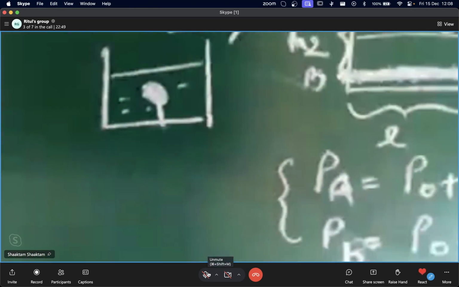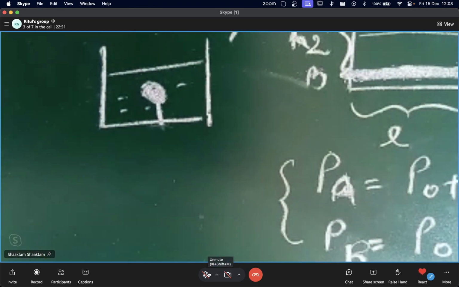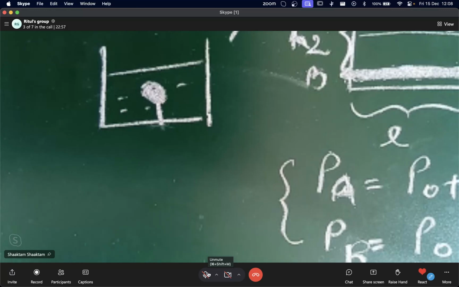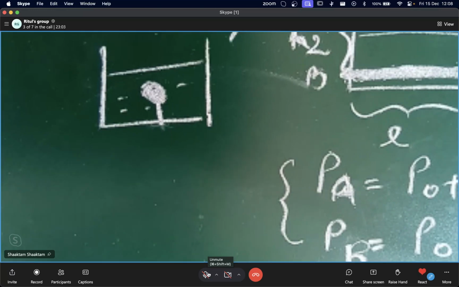We now make the entire trough move to the right with an acceleration A. Options. Option 1: the string will bend to the right, that is, in the direction of acceleration.